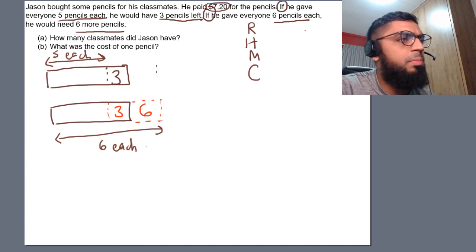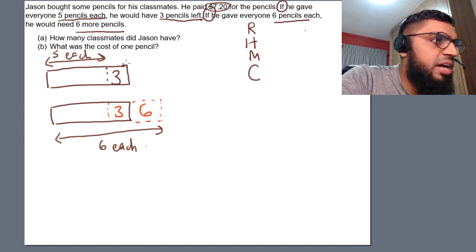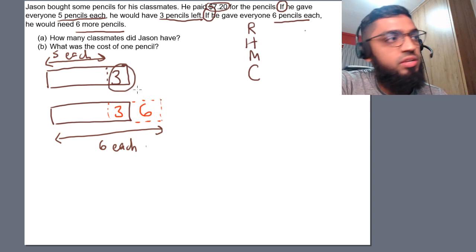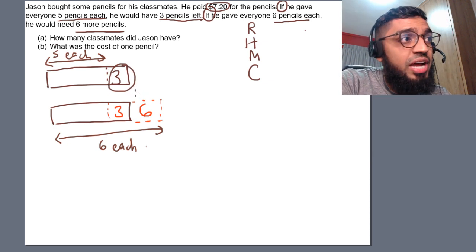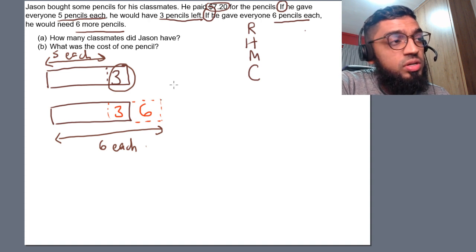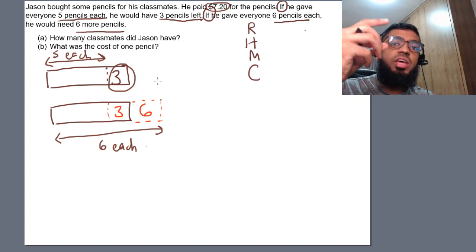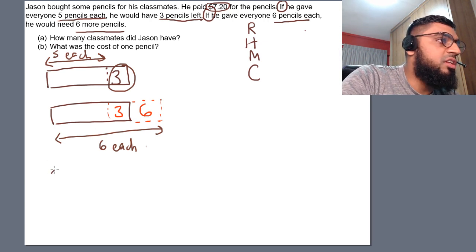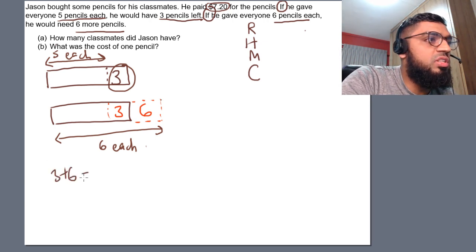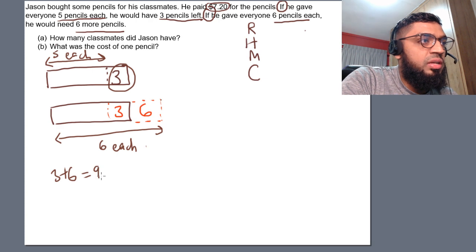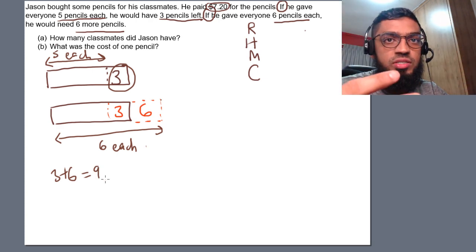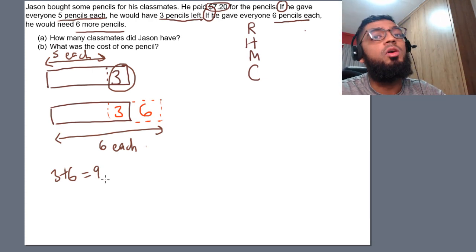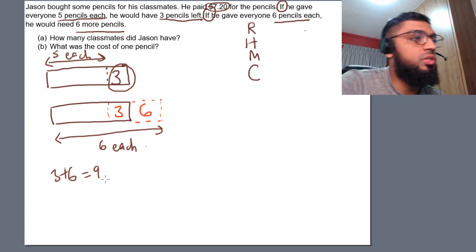Now how do I get 9 pencils? Initially I had the 3 extra pencils from the start. On top of that, I need another 6 more, just so I can give them 1 additional pencil each. So 3 plus 6 is the total number of pencils that I need in addition, just because I want to give them 1 extra pencil each.